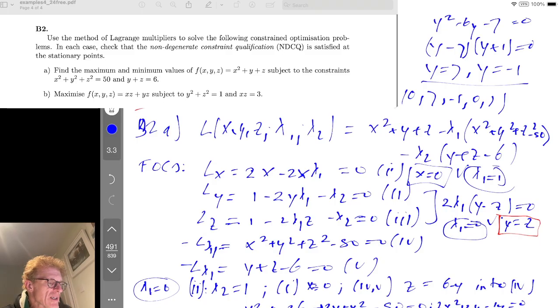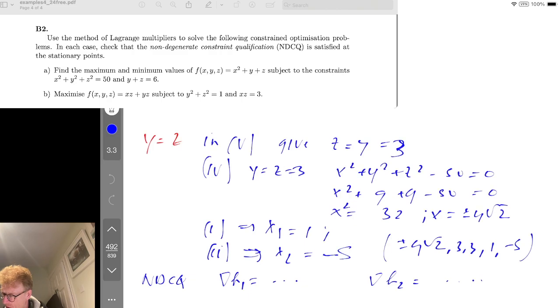And we have x is 0, so that's for y is 7, and then the other one we write down for y is minus 1. So that gives us the 4th critical point. So you need to evaluate that.